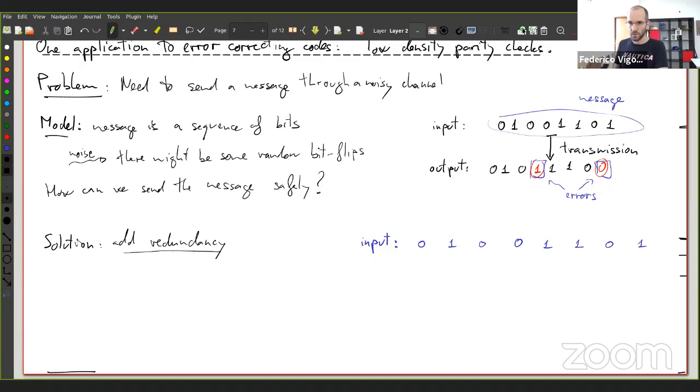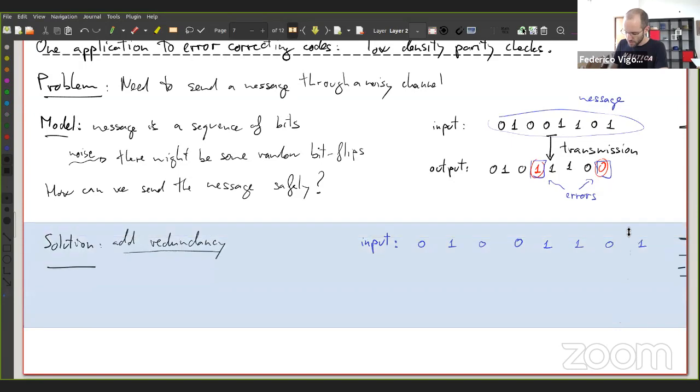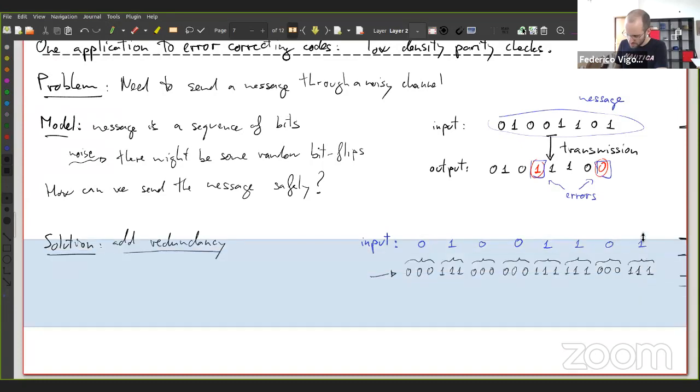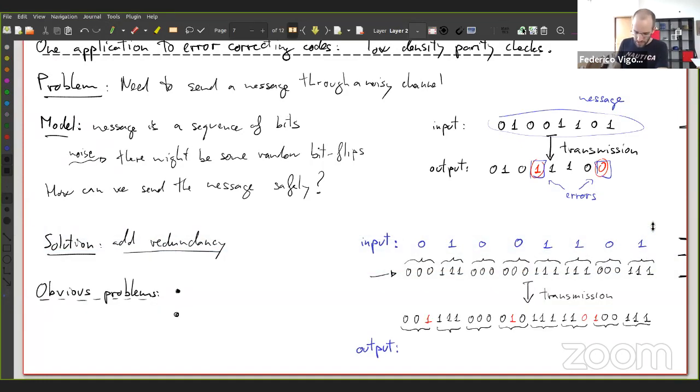One obvious way of adding redundancy is to repeat. You start with your message, and instead of sending it, you send a different message where you repeat each letter many times. For example, here you repeat each letter 3 times to get a longer message, and then you transmit it. Again, some errors occurred.